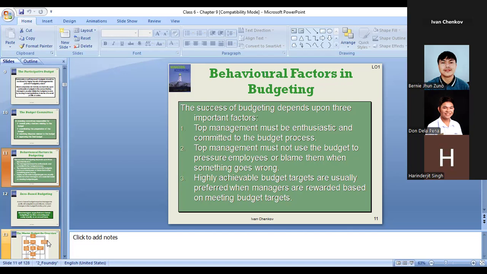And the last thing here is to try to stay with highly achievable budget targets. That means make targets for the people which are achievable, rather than going too optimistic and putting targets which are not achievable.